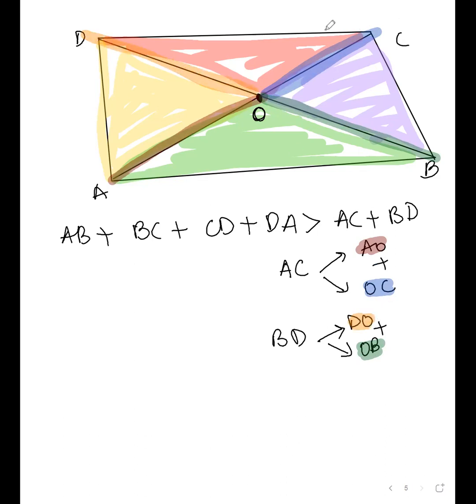So now we will look at these triangles. Which triangles? The smaller triangles, which have AO as a side. Can you tell me which triangle can we see which has AO as a side? AC. Triangle's name, please. AOC.